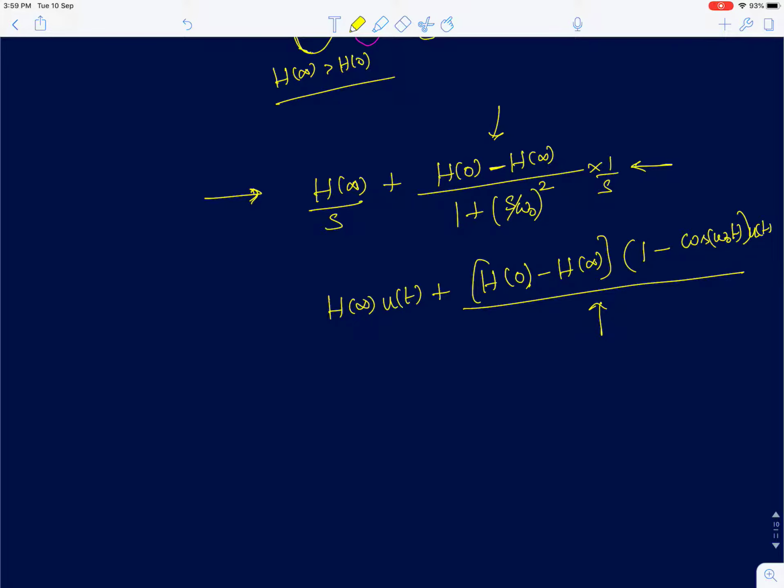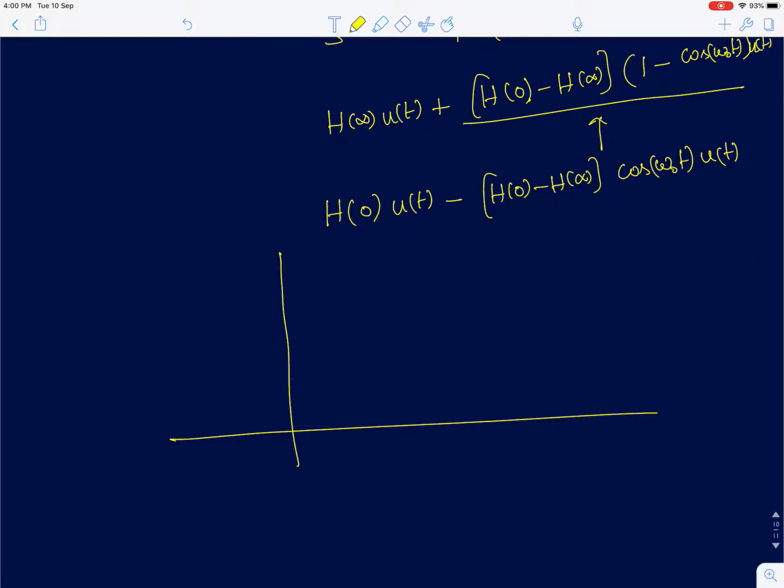Yeah, the steady state value is going to be h of 0 into u of t, okay, plus, I'll write it as minus h of 0 minus h of infinity into cos omega naught t.